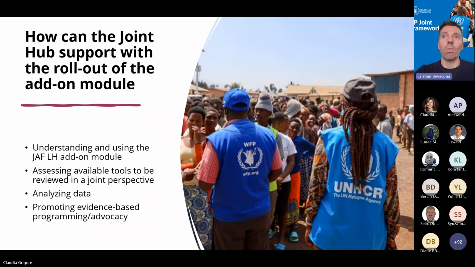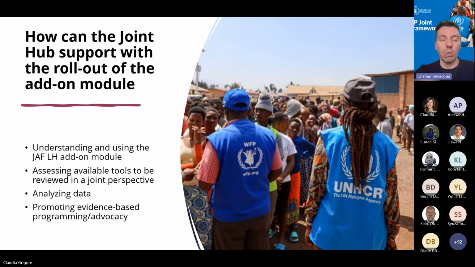And then, of course, once the module is applied, there is a lot of data. Usually as the Joint Hub, we also provide some support in understanding and analyzing the data, and all this with a link to programming adjustments and program design.